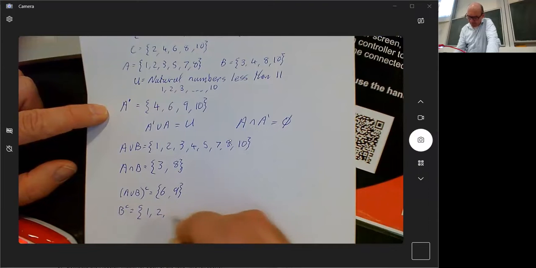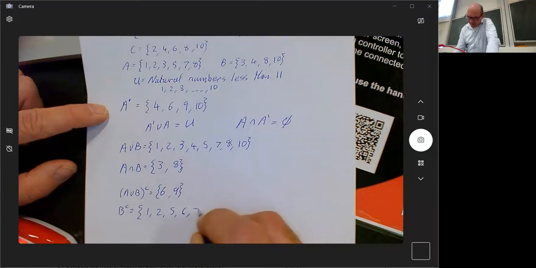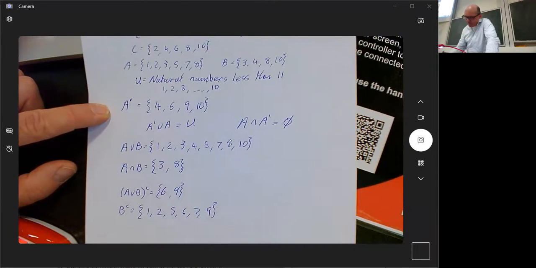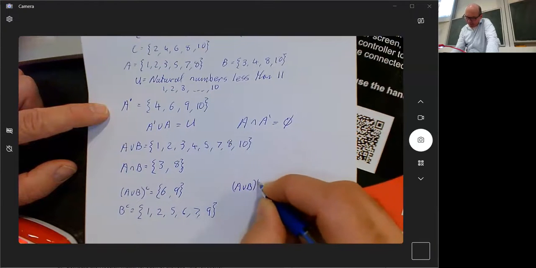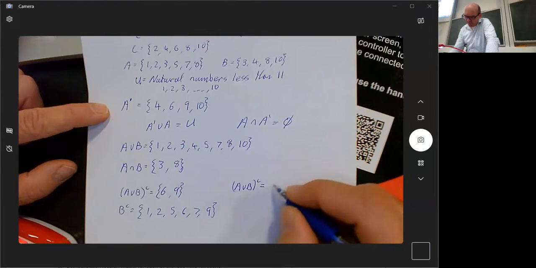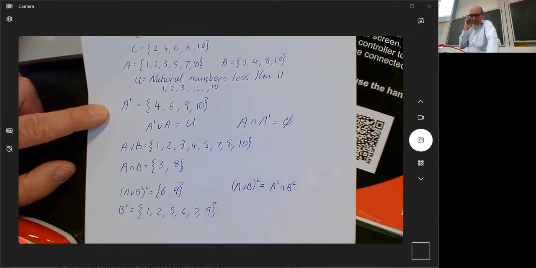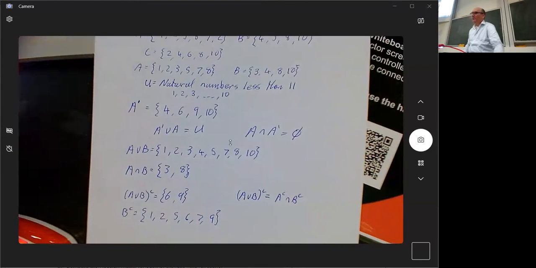1, 2, 3, 4, 5, 6, 7, 8, 9. There's a rule that says A union B complement is equal to A complement intersection B complement. I think they call that De Morgan's law.